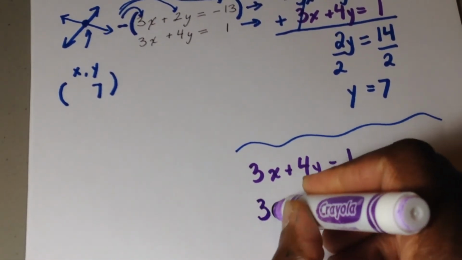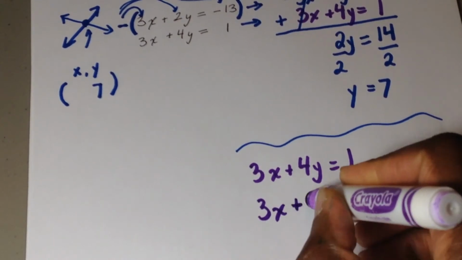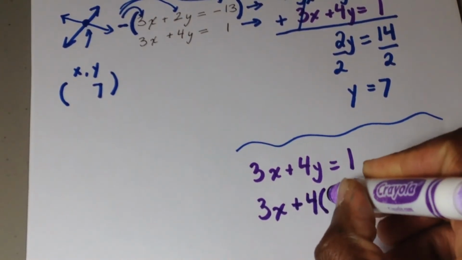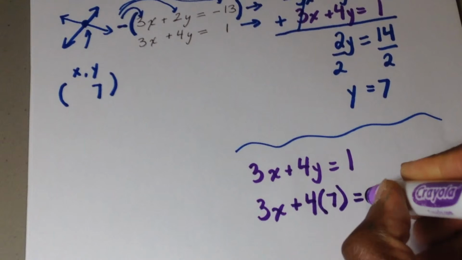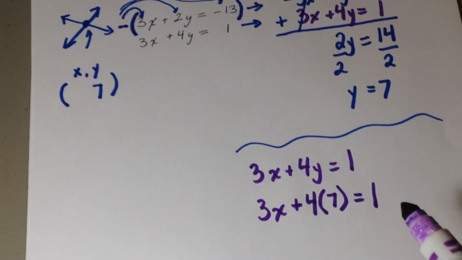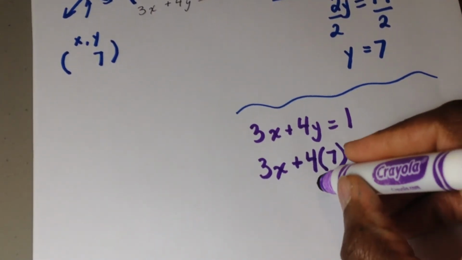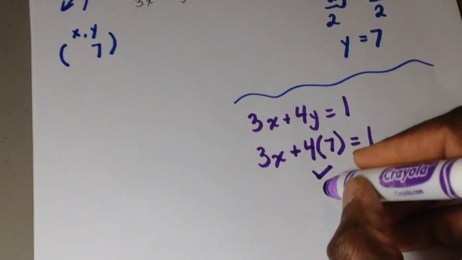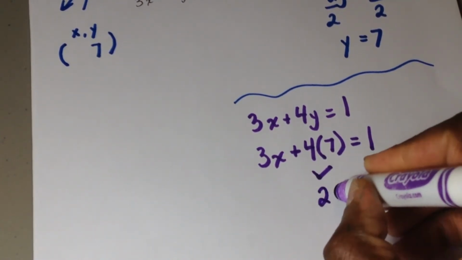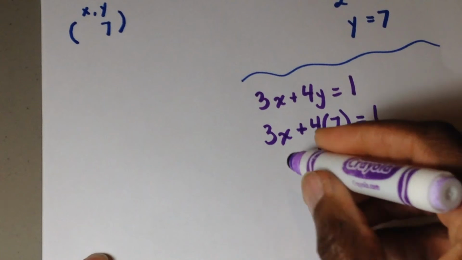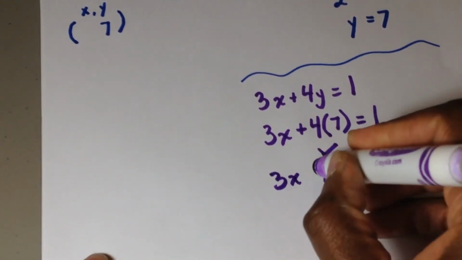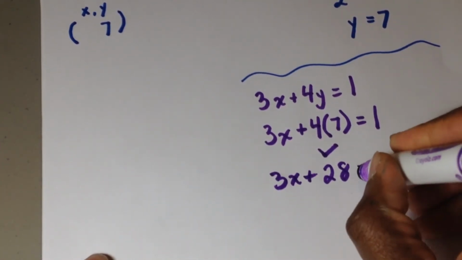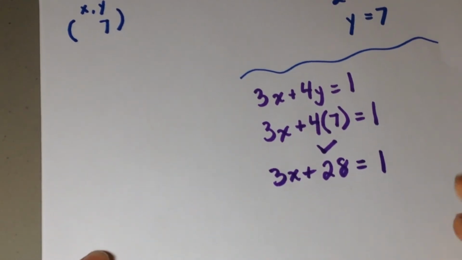So I have 3x plus 4 times 7 is equal to 1. We do the math now. 4 times 7 will give me 28. And so we got 3x plus 28 is equal to 1.